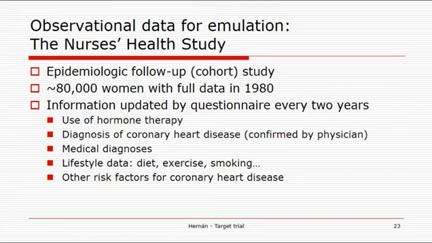Every 2 years in this study, women receive a questionnaire, and they self-report whether they have had heart disease or not, etc. Then the investigators write to the treating physician for those women, and they check whether they have heart disease or not. They also ask questions about treatments, about diet, about cigarette smoking, physical activity, etc.